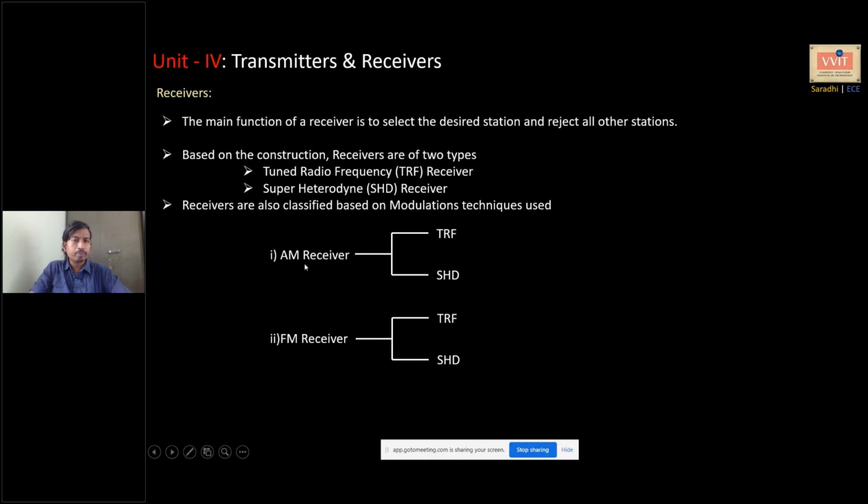AM again, either it can be TRF or SHD, tuned radio frequency receiver or superheterodyne receiver. Let us see what this TRF and the superheterodyne receiver are, and they will be almost similar for AM and FM.